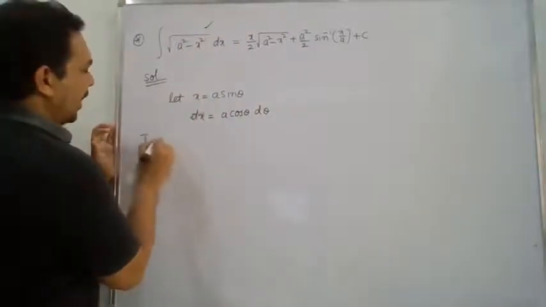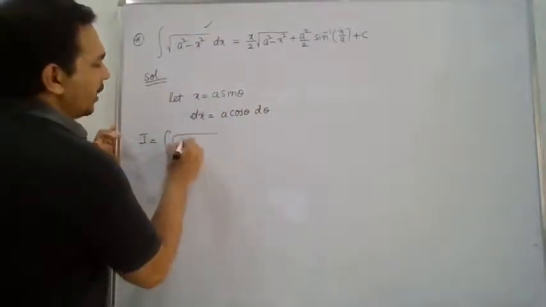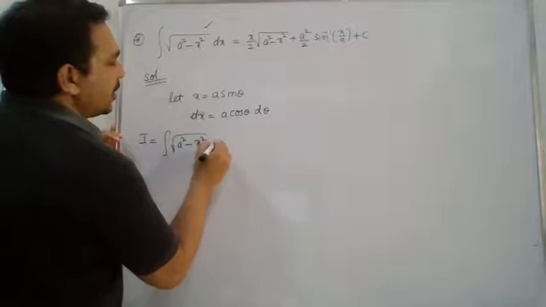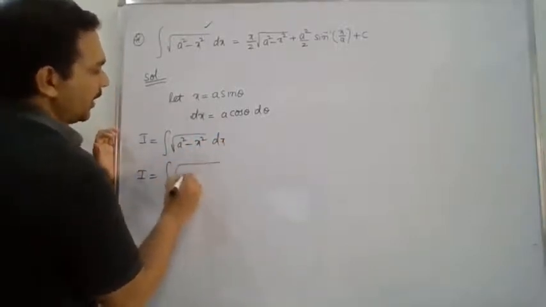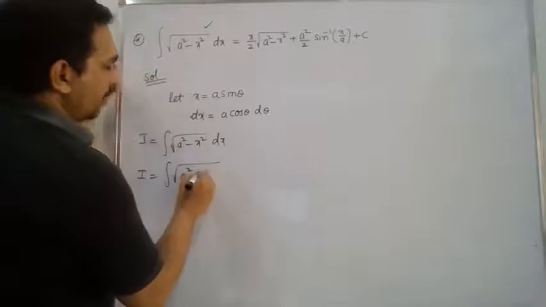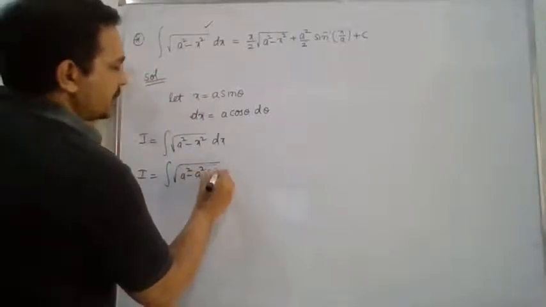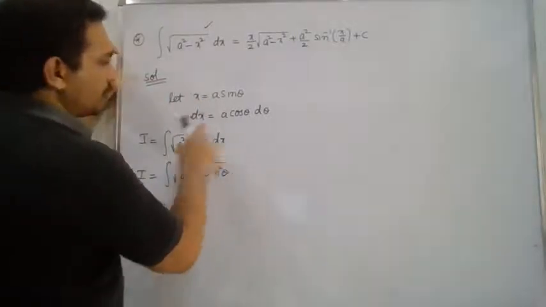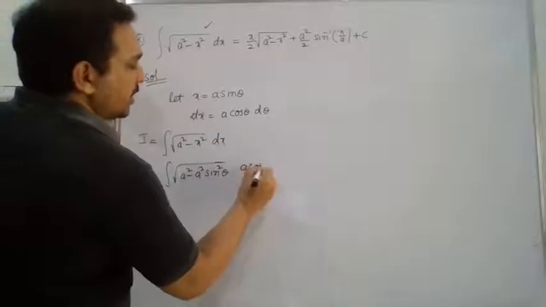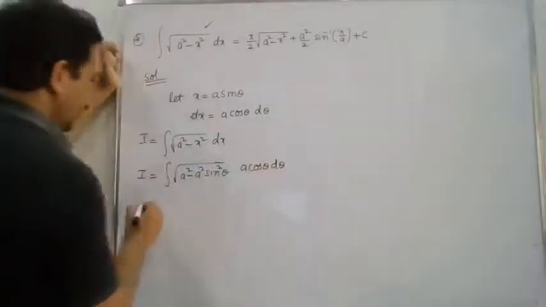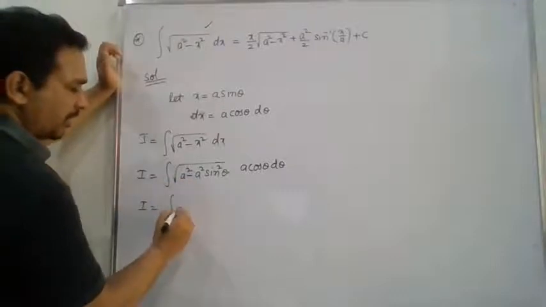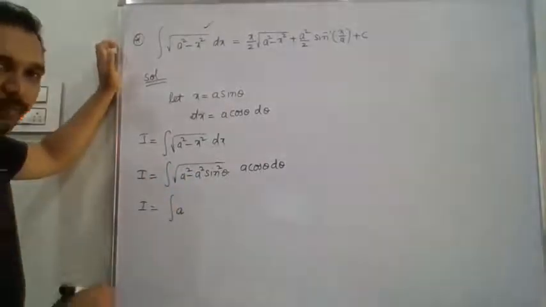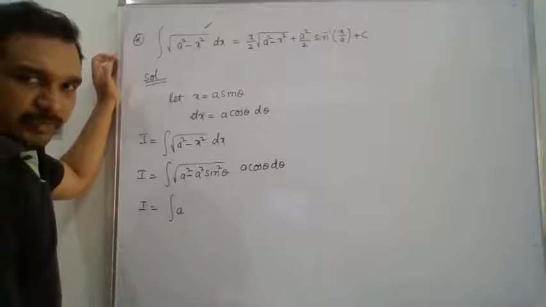What is the question? I is equal to integration of square root of a square minus x square dx. So square root of a square minus x square is what? Square root of a square sine square theta subtracted from a square, and dx is a cos theta d theta. So I is equal to integration of, taking a square common, it will come as modulus of a. But I said we are taking a every time positive.